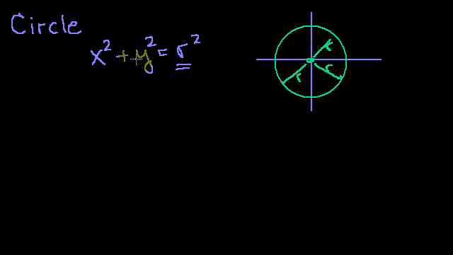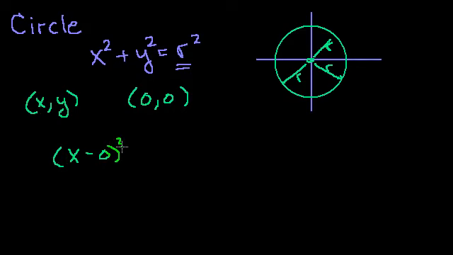And to some degree, this formula is just an extension of the distance formula, which is really just the extension of the Pythagorean theorem. So for example, if I want to know the distance between some point x comma y and the point 0, 0, you take the difference of the x's, so x minus 0, square that, and then add that to the difference of the y's squared, so y minus 0, squared.